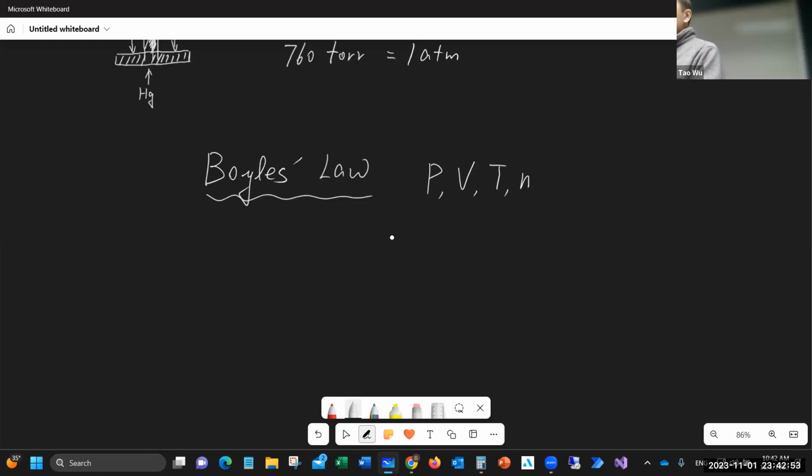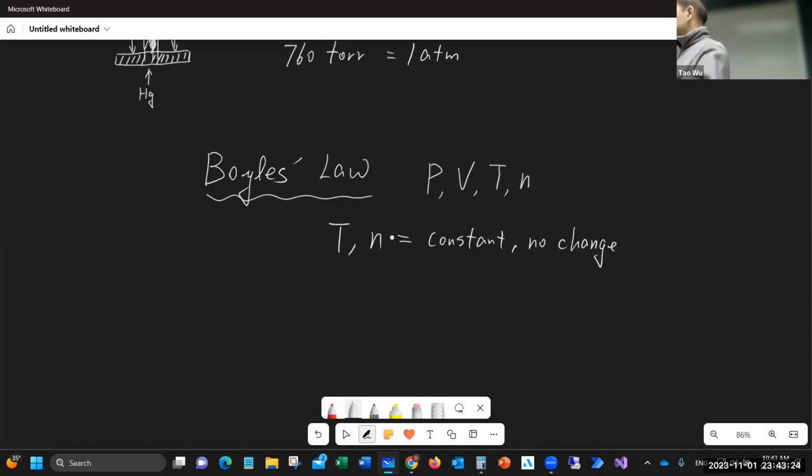So that's why Boyle decided to make sure temperature and moles of gas are constant, which means no change. When we determine Boyle's law, we need to set the temperature and the moles of gas as constant. Setting temperature constant is pretty straightforward.